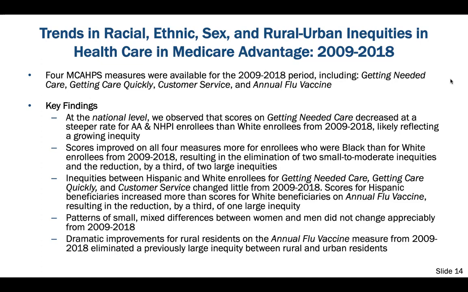On a more optimistic note, there were 4 measures in the set that tended to improve overall, but particularly improved for Black members of Medicare Advantage plans, and this was particularly encouraging because all 4 of these measures showed marked inequities in 2009, and 2 of these gaps closed entirely over this period, and then the 2 largest ones were reduced by a third.